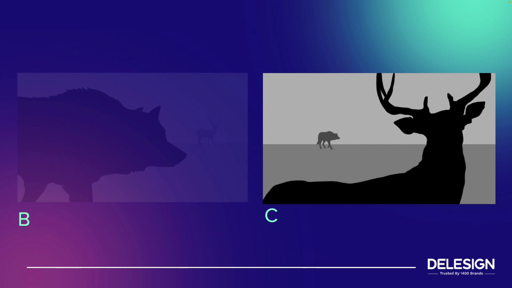This composition shifts the viewer's focus to the deer, suggesting it is the key subject of the narrative. The simple changes in size and placement within the composition can drastically alter the perceived meaning and focus of your design. By thoughtfully arranging elements, you can guide your viewer's eye and convey the intended message more effectively.